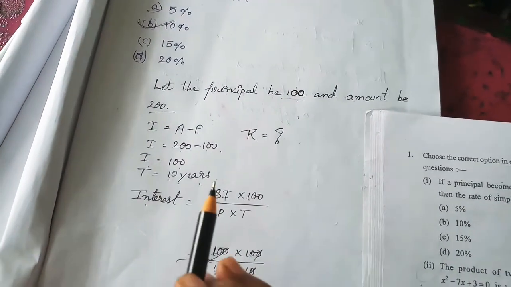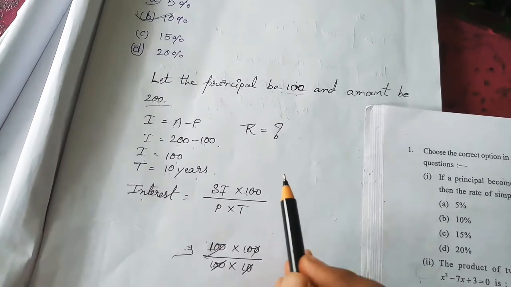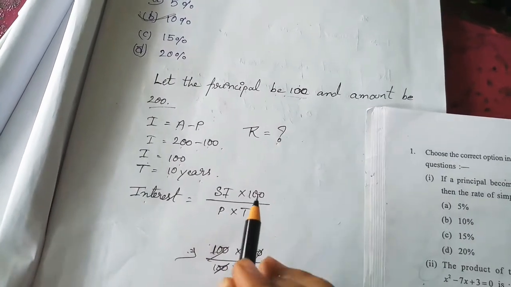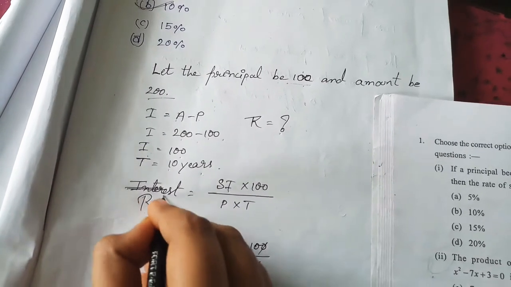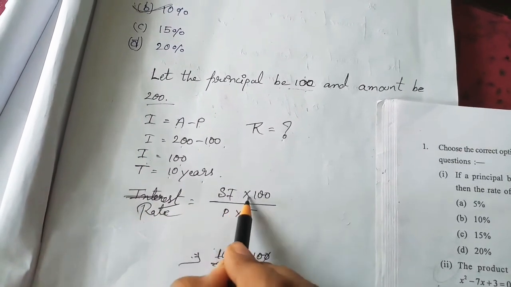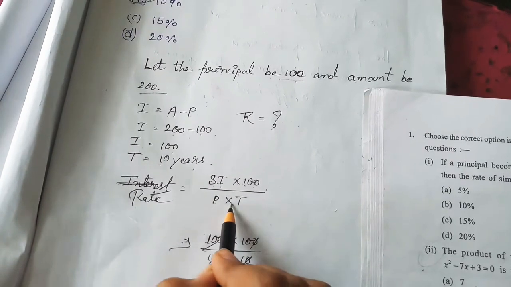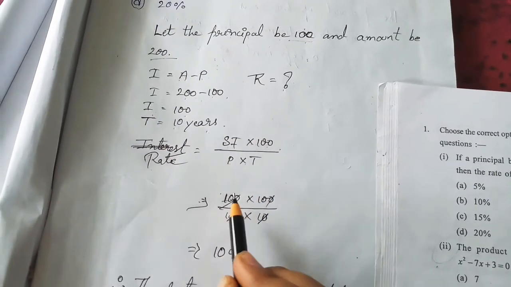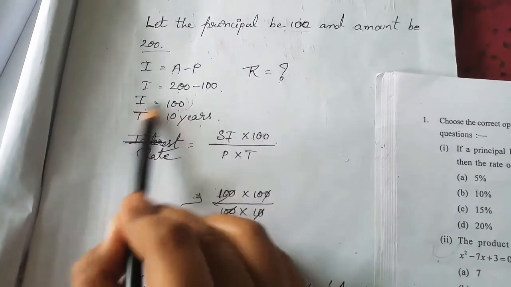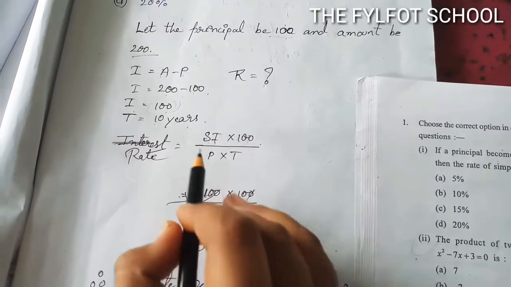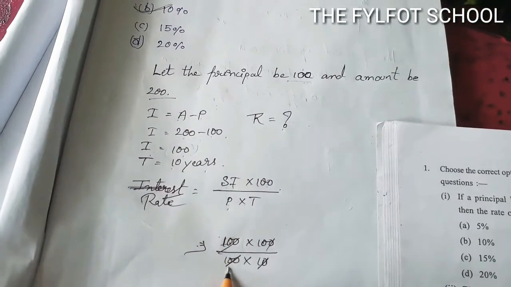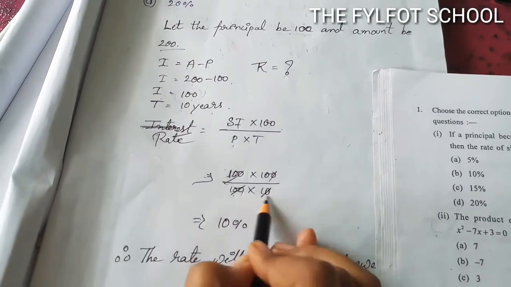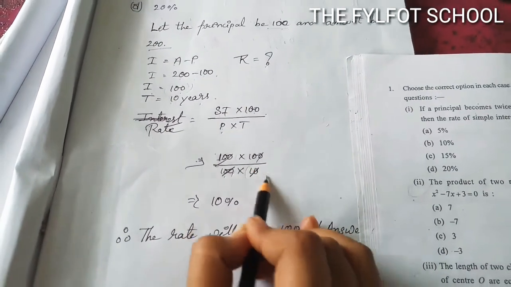Interest, meaning we have to take out the rate. What's the formula of the rate? The rate formula is SI into 100 by P into T. SI, the interest, we got is 100, and the principal is 100, and the time is 10.